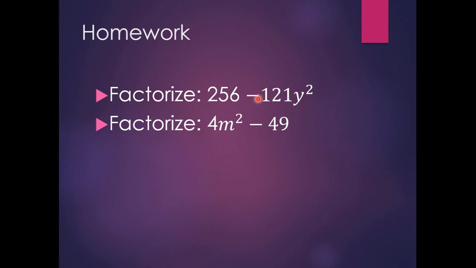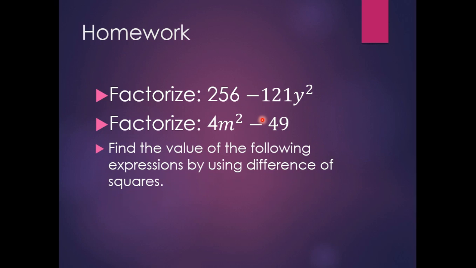To be confirmed, you can multiply the factors, and if you get the question, you will be sure your answer is correct. Similarly, this one you can also factorize and find the value of the following expression by using the difference of squares. You can find it in this way. You can practice these questions.